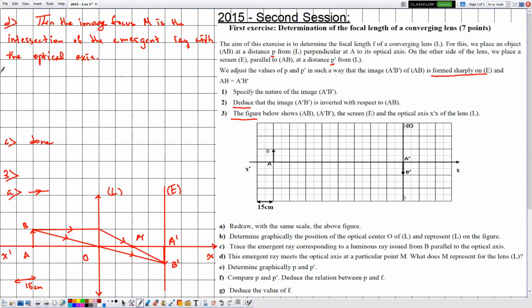Okay. Now in part E they are telling me to determine graphically P and P prime. So P represents the distance between the object and the lens. So we need to determine graphically the distance between the object and the lens.